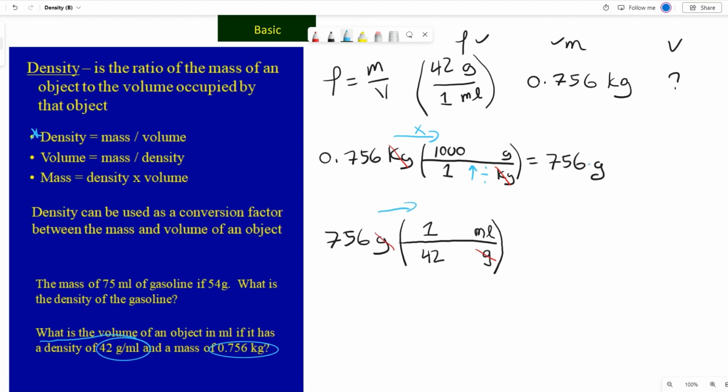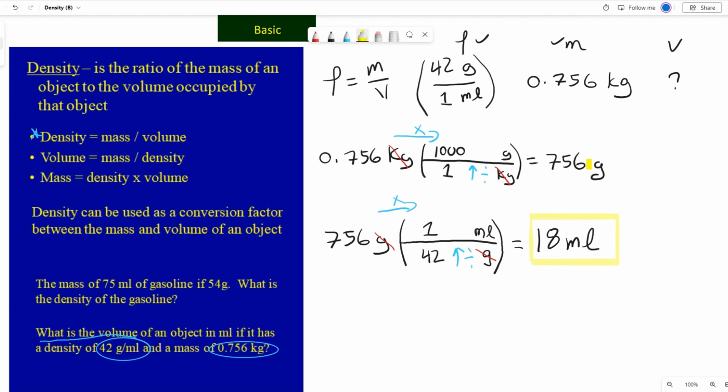We'll then multiply across and divide up. And when we do that, 756 times 1 and then divided by 42 will give us 18 milliliters. And that is the volume of a 0.756 kilogram object if it has a density of 42 grams per milliliter.